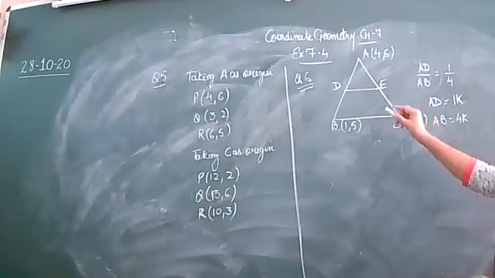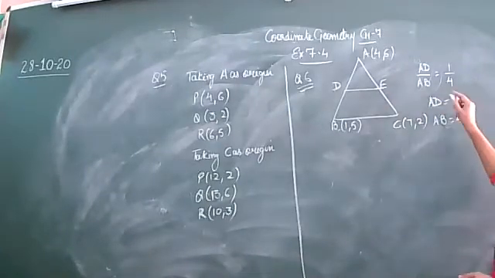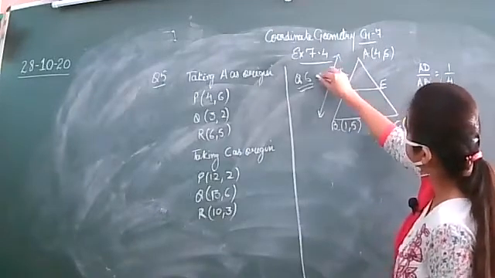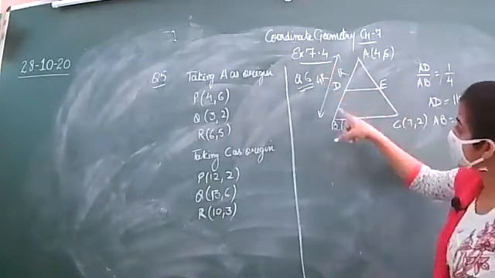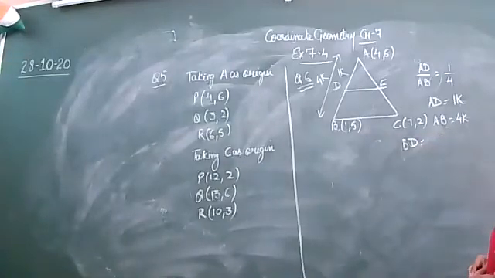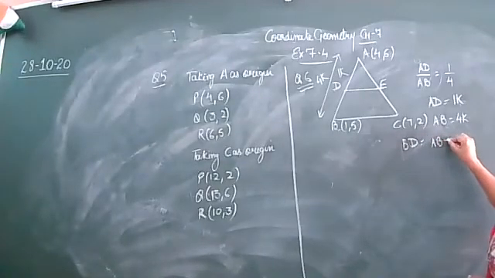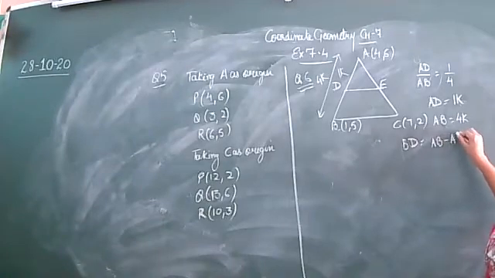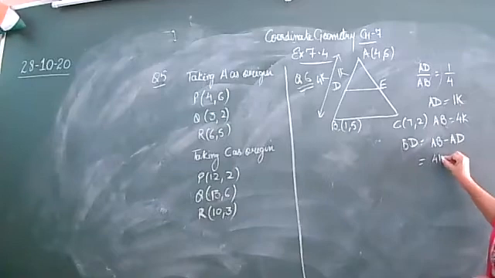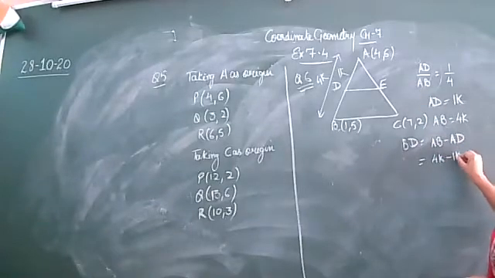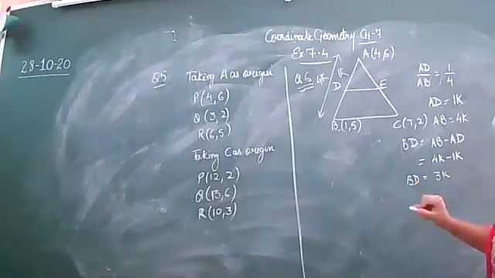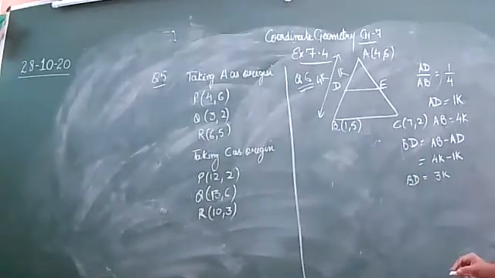Now AD is 1K and this complete line is 4K. So can we write BD as AB minus AD? AB is 4K, AD is 1K, so this gives you 3K. So I've got the value of BD as 3K.